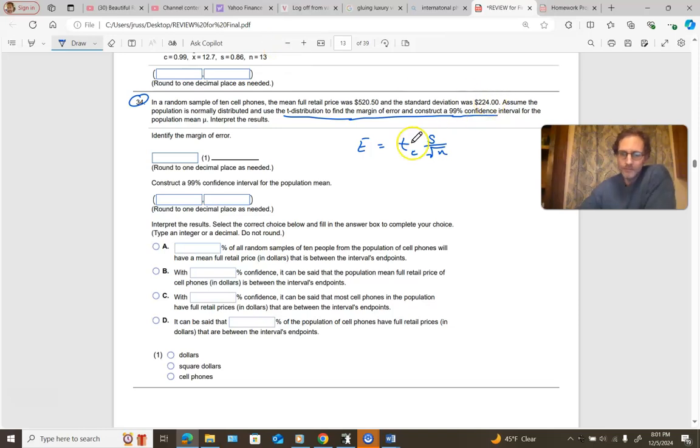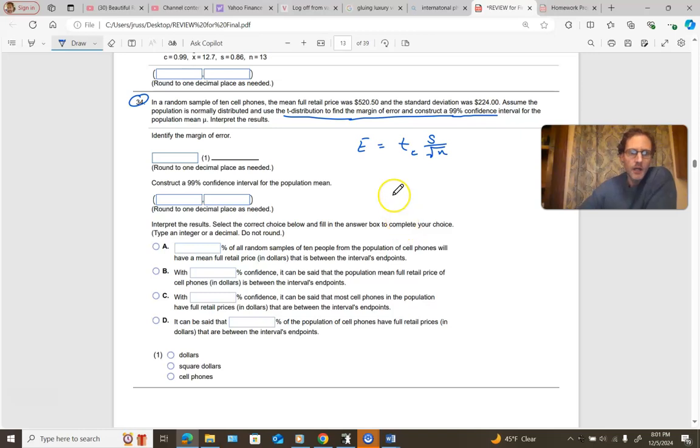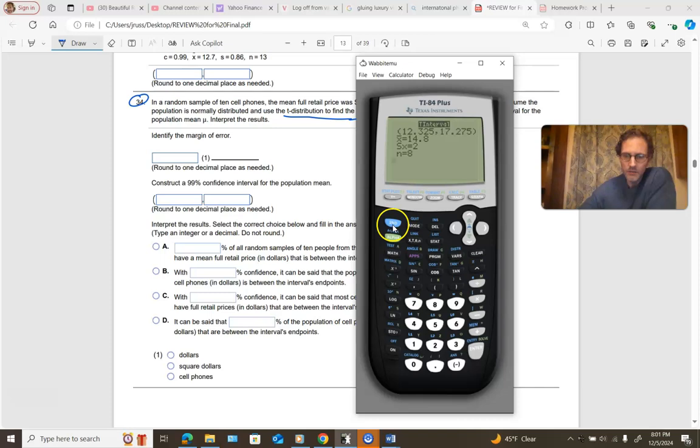All right, so unfortunately, I thought they would have done this, but they did not provide a chart here. So you could do a search, guys, for a t-table or critical t-scores, or you can use this inverse t function right here, okay?